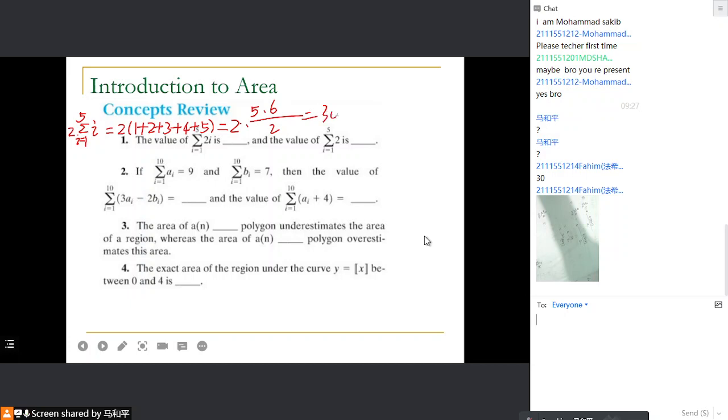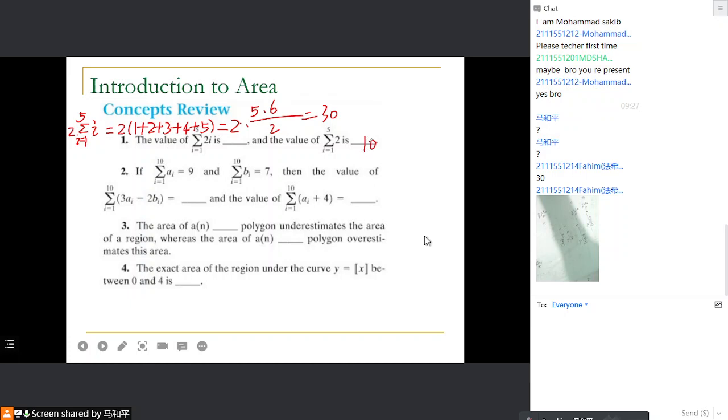It's equal to 30. It's not 4. You can calculate one by one. I don't know why you wrote 4. And this one is equal to 2 plus 2 plus 2 plus 2 plus 2. So it's 10.